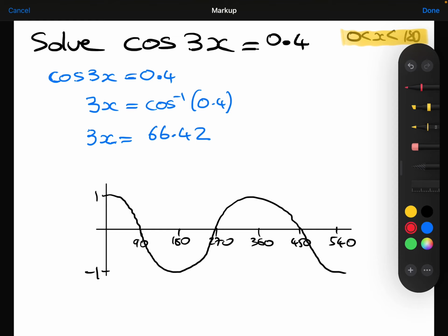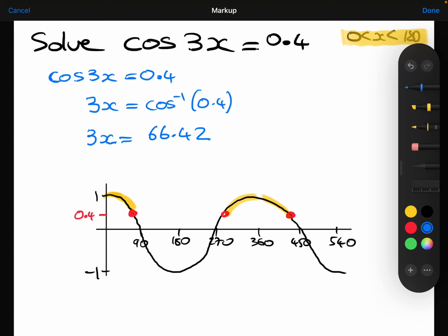So when is the cos graph equal to 0.4? The cos graph is equal to 0.4 here, here, and here. So I know that this is the same as this, which is the same as this.